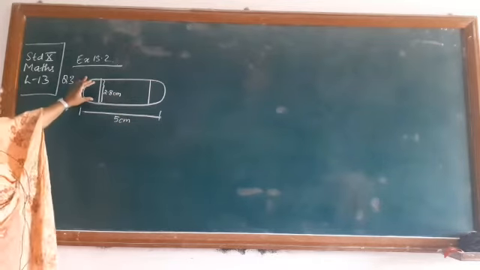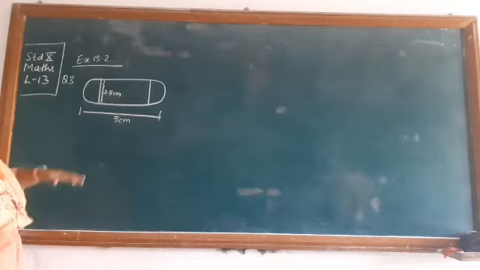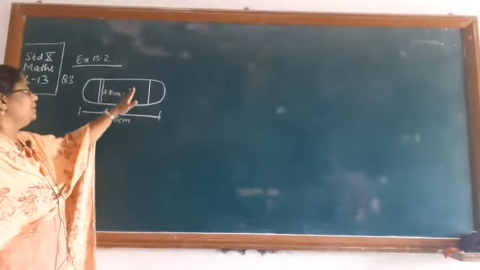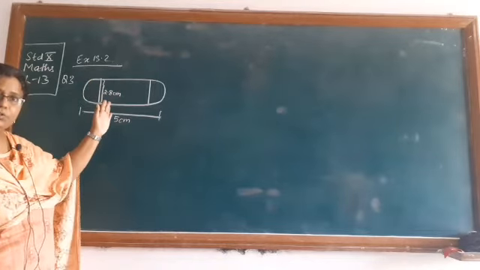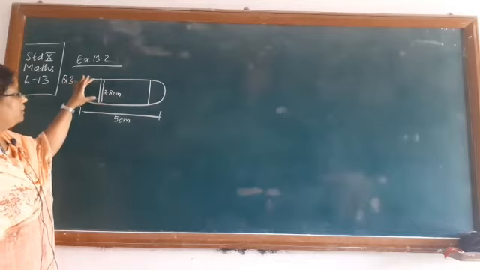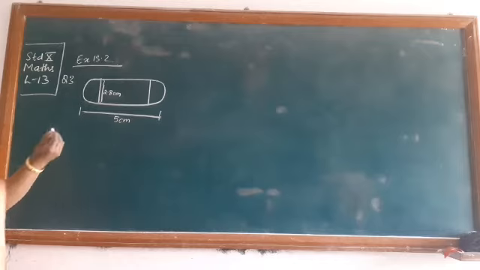So, the diameter of the cylinder and the diameter of both the hemispheres, you can see here two hemispheres at the ends and then there is a cylinder, both the hemispheres at the end have diameter 2.8, and the cylinder also has diameter 2.8.